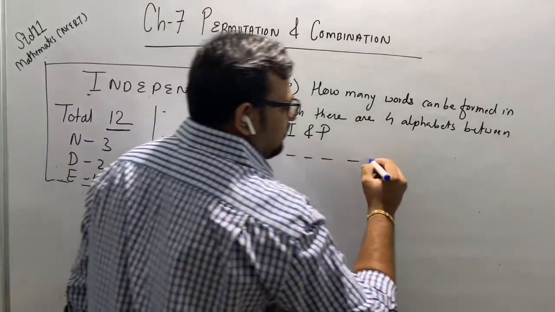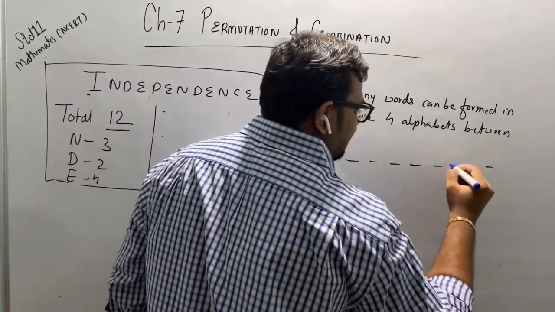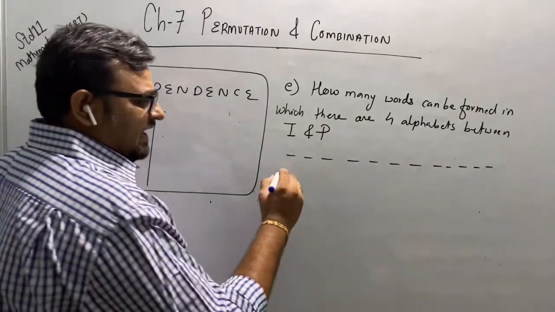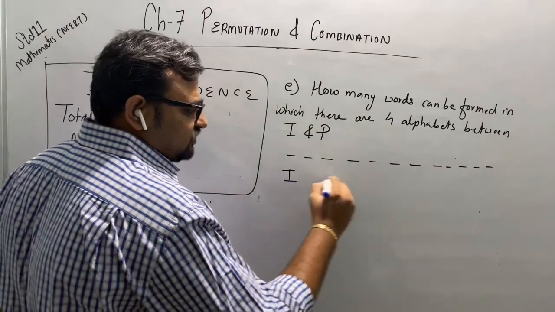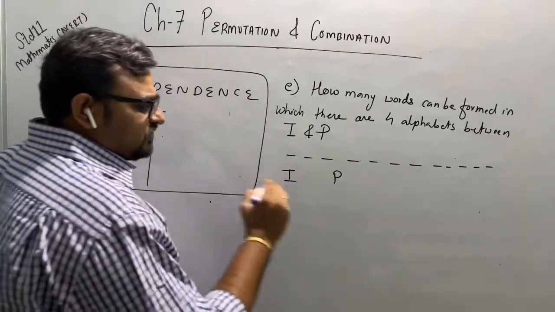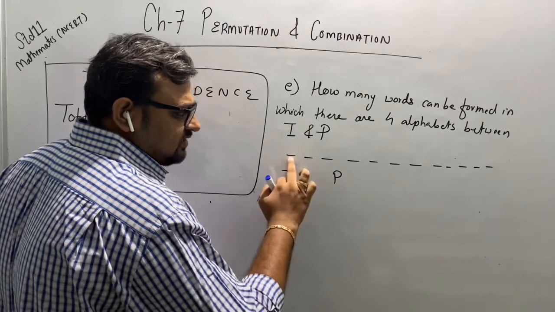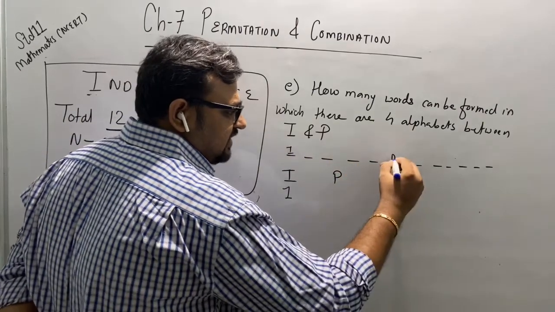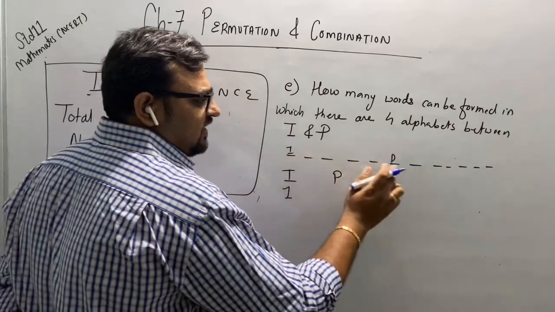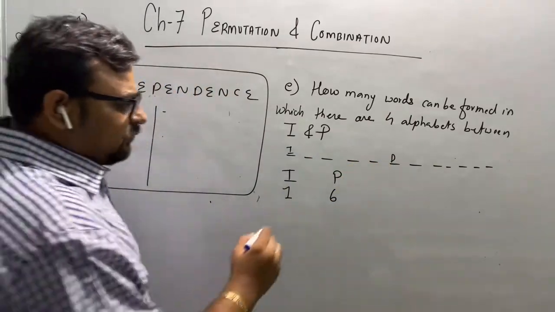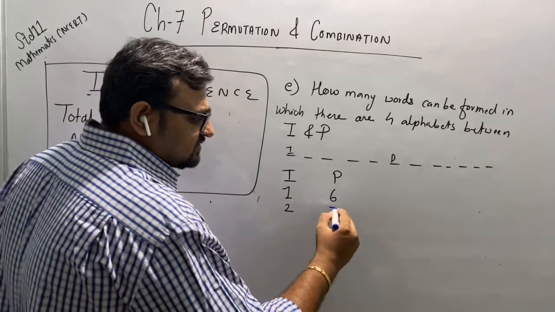1, 2, 3, 4, 5, 6, 7, 8, 9, 10, 11, 12. Okay. So if I put I, position of I and position of P. Clear? What if I put I at first position, then 1, 2, 3, 4. If I'm putting I, then P must be here. So 1, 2, 3, 4, 5, 6. Right? P must be at sixth position. If I put I at second, P must be at 7.